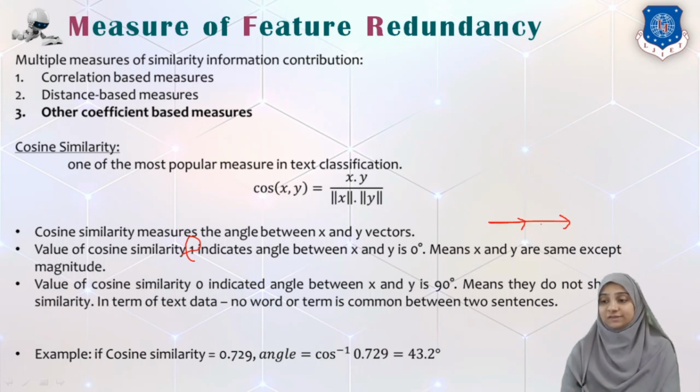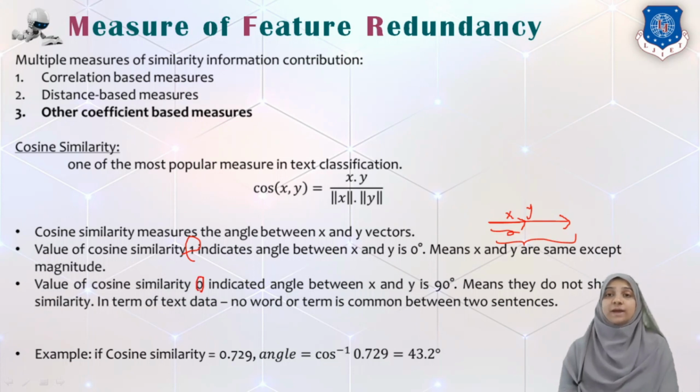So vector x and vector y have 0 degrees between them. But as you can see, their magnitude is the same. So I can say that they are redundant features. I can say features x and y are redundant, or they are contributing the same information.